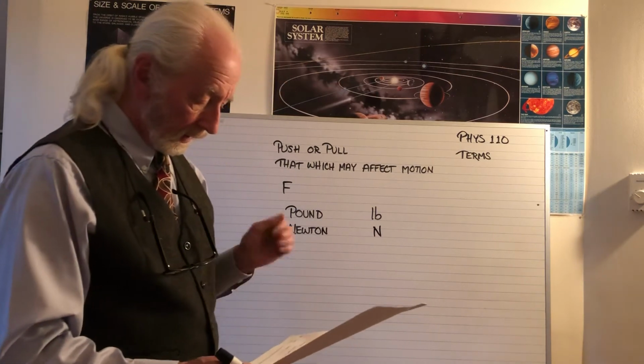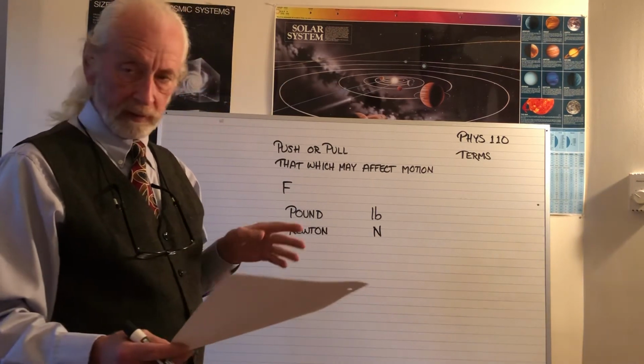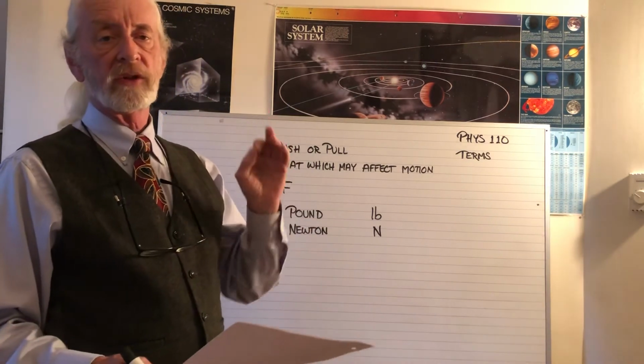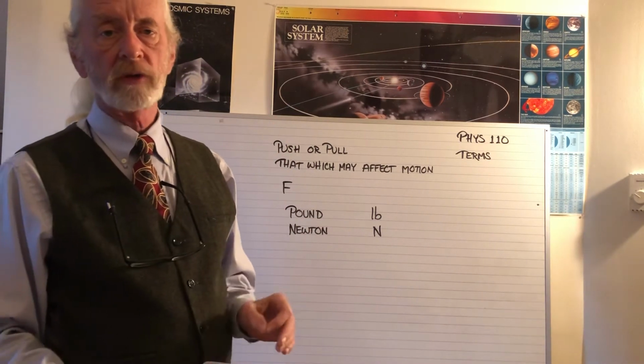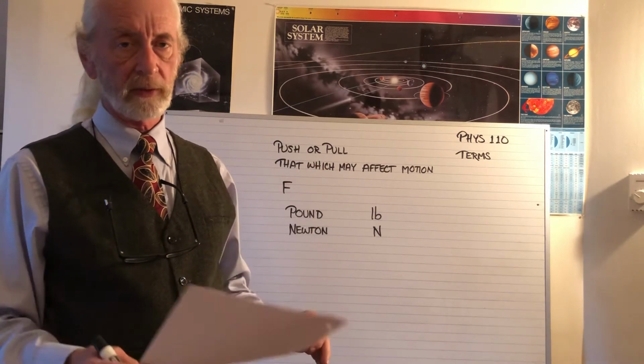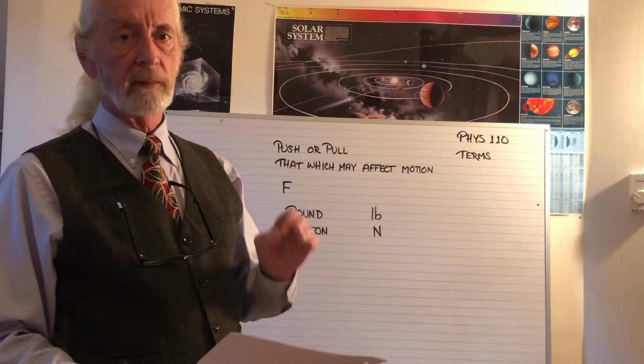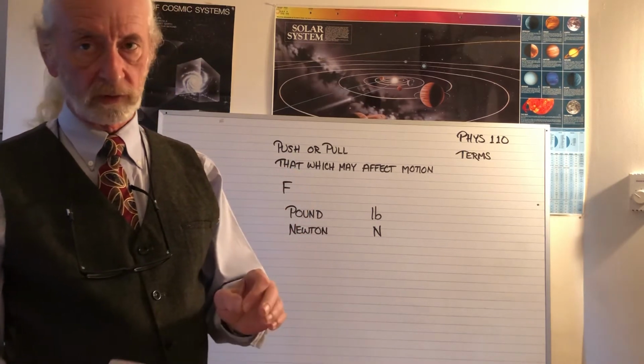Now, note at the bottom of the page here, since a pound is a unit of force, then it is not a measure of mass. We have to be clear about this. A pound is not a unit of mass. It's a measure of force.